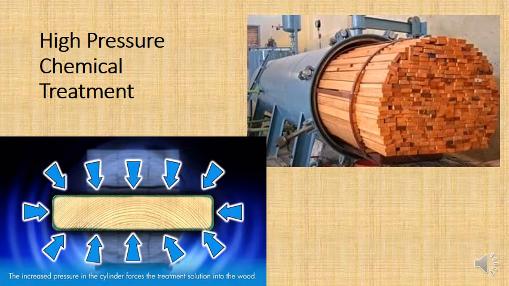And they pressurize it to not a huge pressure, probably about 2-3 bar, and that squeezes the chemicals into the wood. So you can see that on the left, that picture, you can see a timber. The wood is being penetrated by this chemical by high pressure.